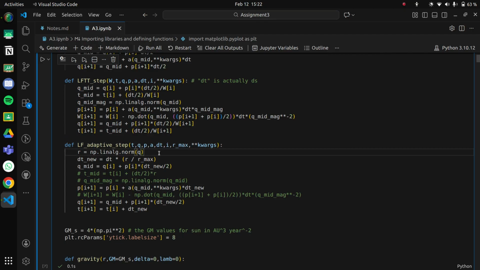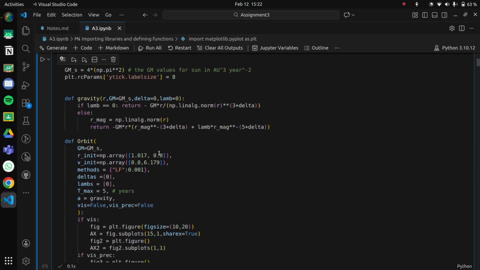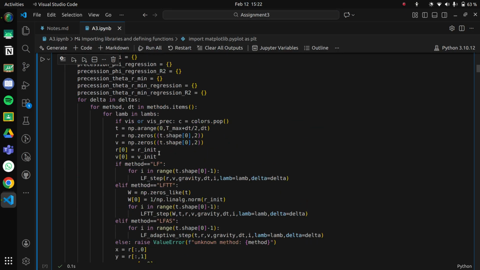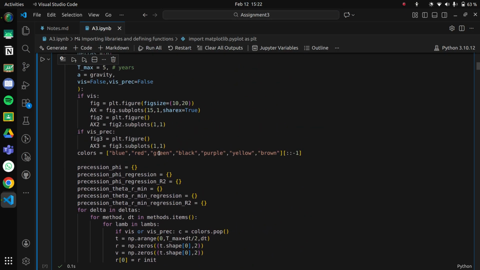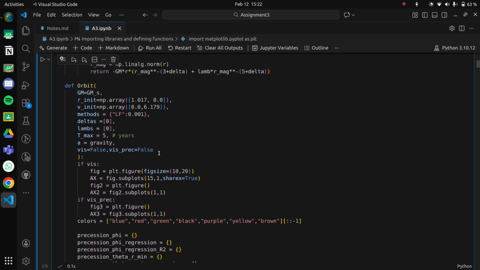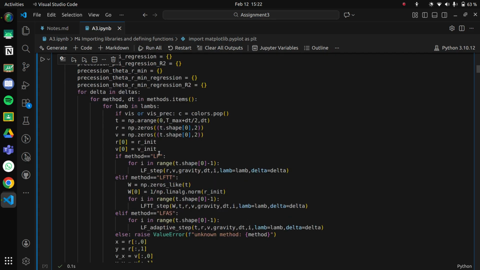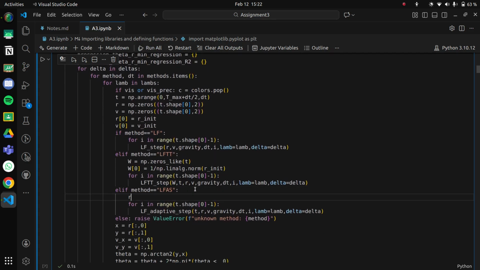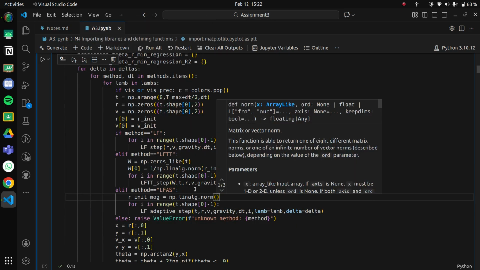If anything, your t value will be lower, which is completely fine. I'm just gonna pass that in, right? So whatever r init I have, I'm just gonna pass that in, its magnitude, of course. So I'm just gonna say r init magnitude equal to np.linalg.norm of r init.